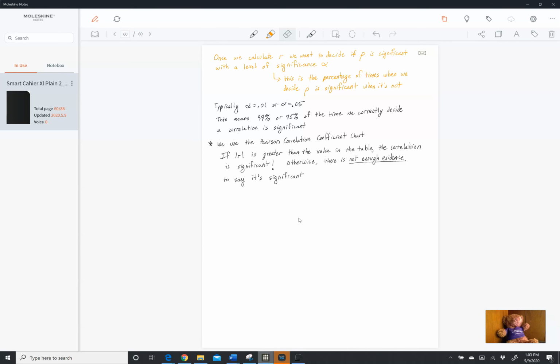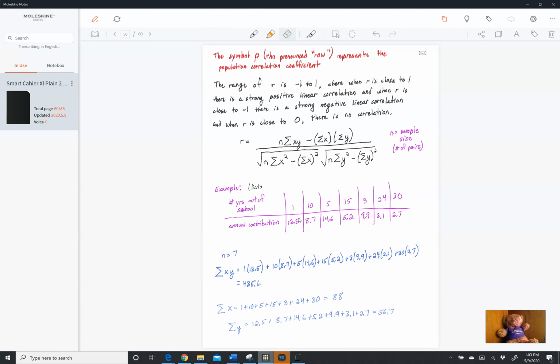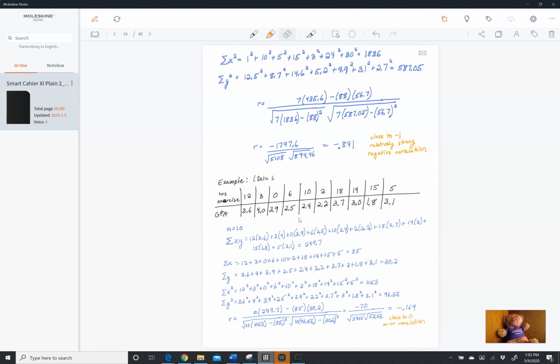Okay, so in data set 1, I'm going to indicate data set 1 is the one with years out of school so that I'm not constantly rewriting it. And in data set 2, that was the one with number of hours of exercise.